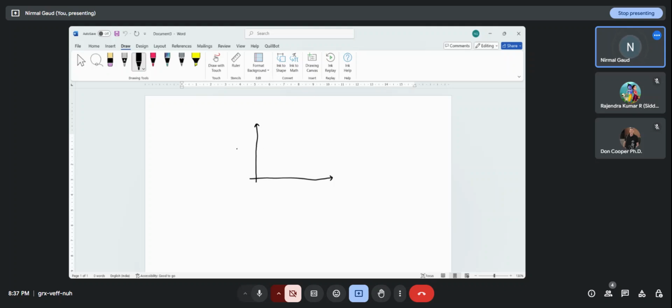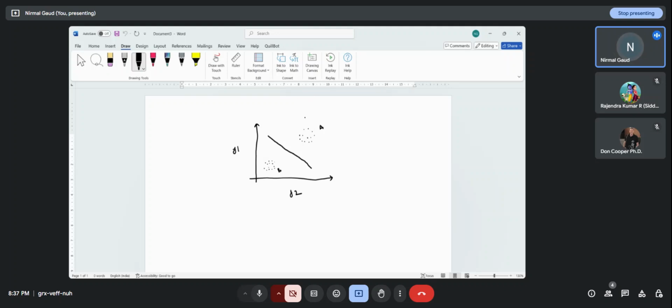I can have F1 and F2 as two features. We do have classes, class A, class B, and what we require is to divide these classes.